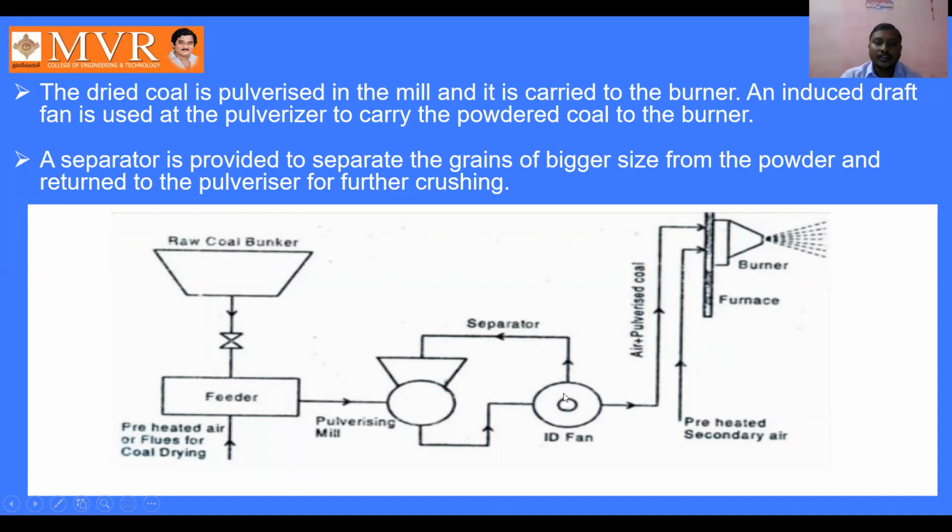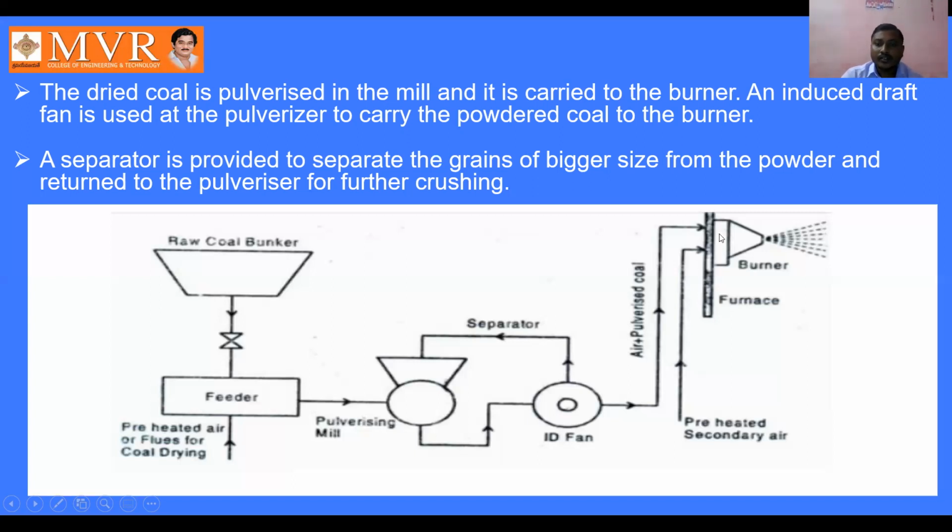In the ID fan, the powdered material is sent to the burner, meaning air plus pulverized coal is entered into the burner, and large size coal is returned back from the ID fan by using the separator to the pulverizing mill again. Here in the pulverizing mill, it crushes the coal into small pieces, and the recirculation is done here.